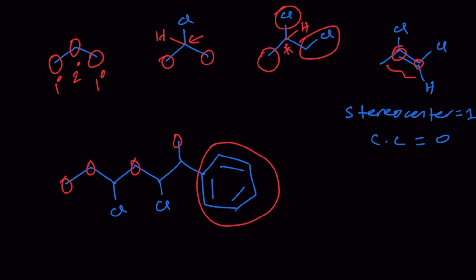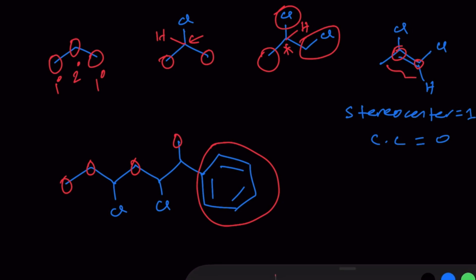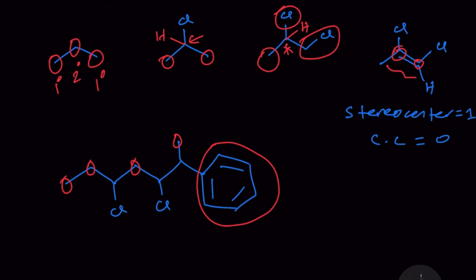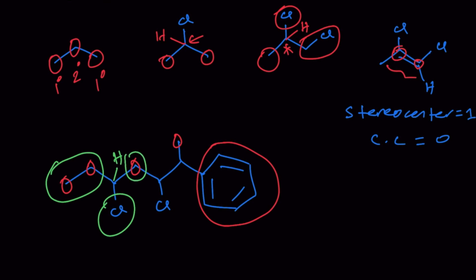So how many carbon atoms are left? We have 3 carbon atoms that are left. So check there whether we have 4 different units or not. Chlorine, that is one different unit, and then we have a hydrogen here hidden, that is another, and then we have an ethyl group, that is the third one, and then CH2, that is the fourth one. Therefore this is a chiral carbon.